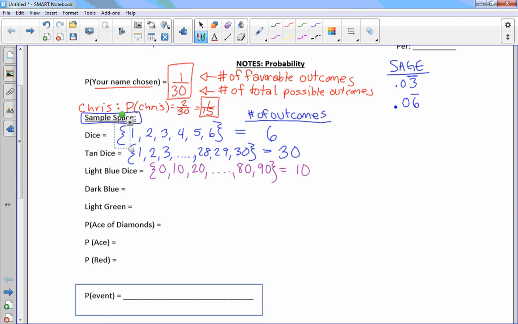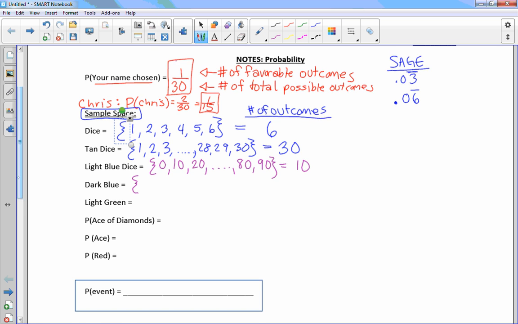Okay, dark blue, where's the dark blue one? We want to see what the sample space is. The sample space is a collection, the listing of the sides.